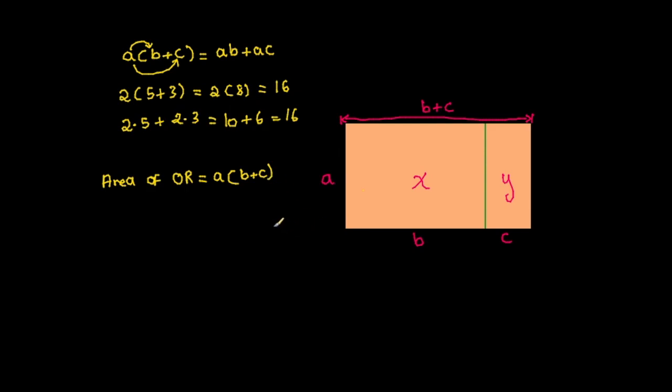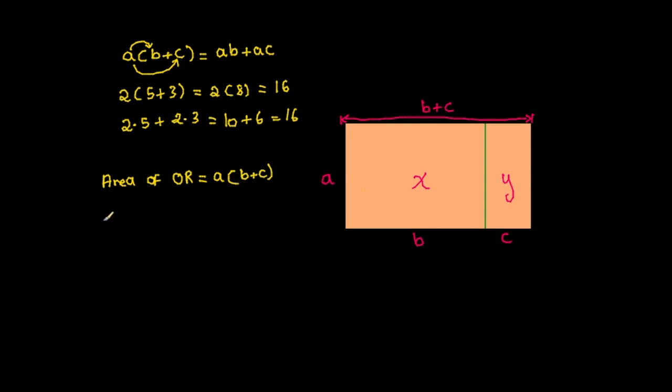Okay. Now another way we could have found the area of the outer rectangle is just look at the inner rectangles. Those 2 inner rectangles make up the entire area, like if we add them up. So the area of this outer rectangle is comprised of 2 inner areas, the area of rectangle X and the area of rectangle Y. So if we find the area of X and the area of Y and add them up, it must be equal to this right here.